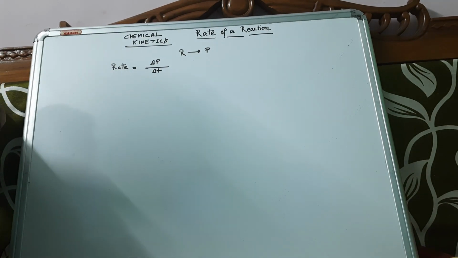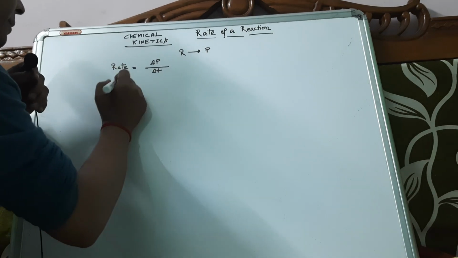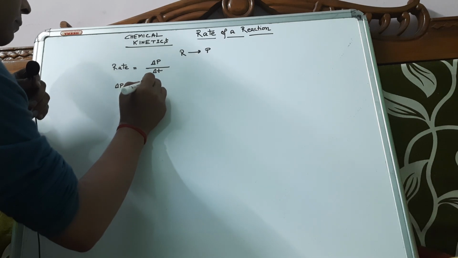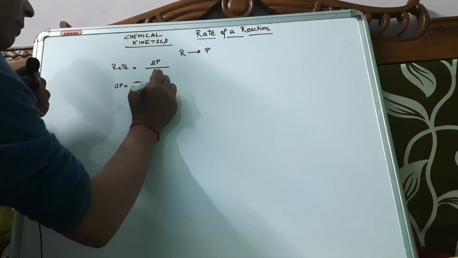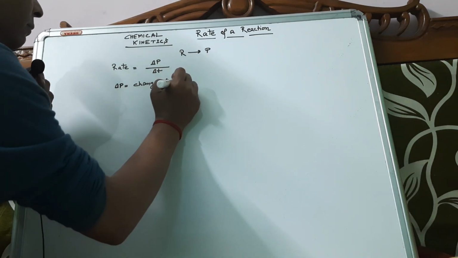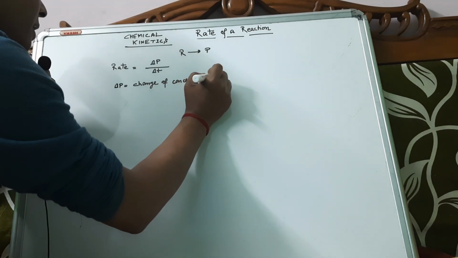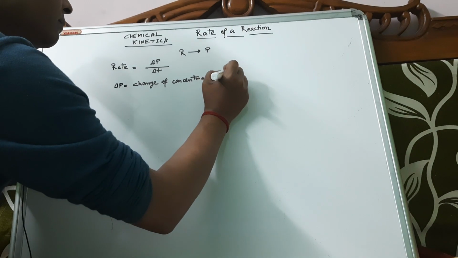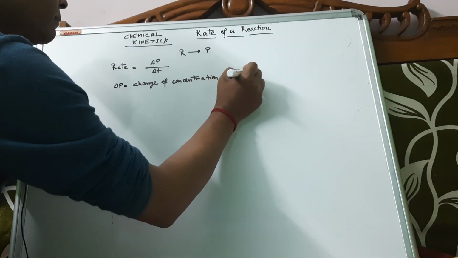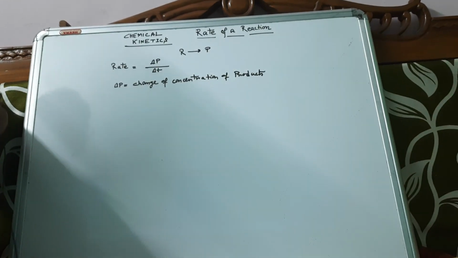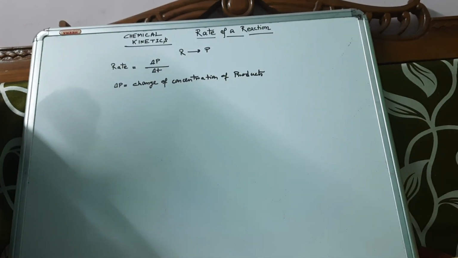Similarly, delta P is the change of concentration of product.